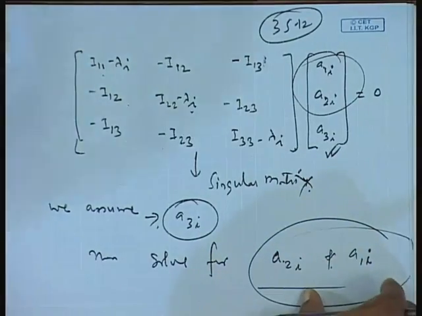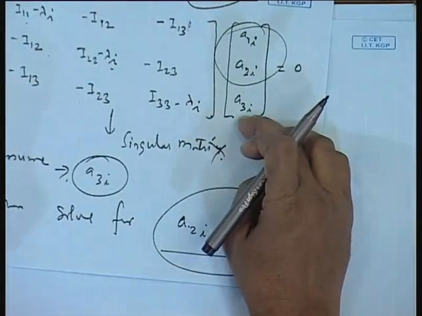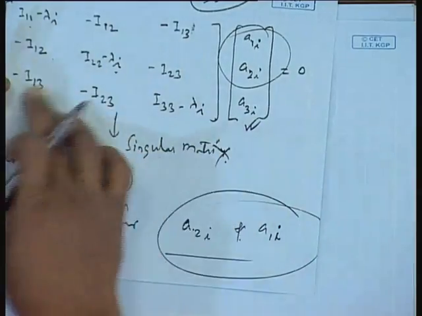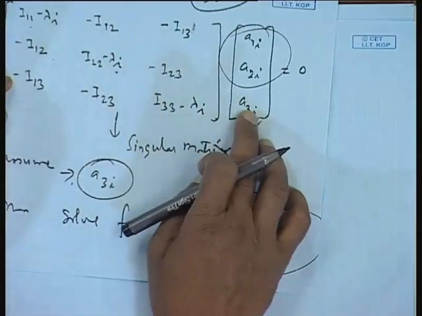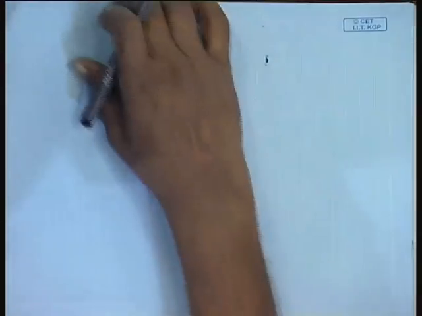So, once we solve for this, after fixing this value, you have the particular equation coming from here, lambda is known to you. So, you can fix this value and solve the equation. After solving, you can solve the other two also.